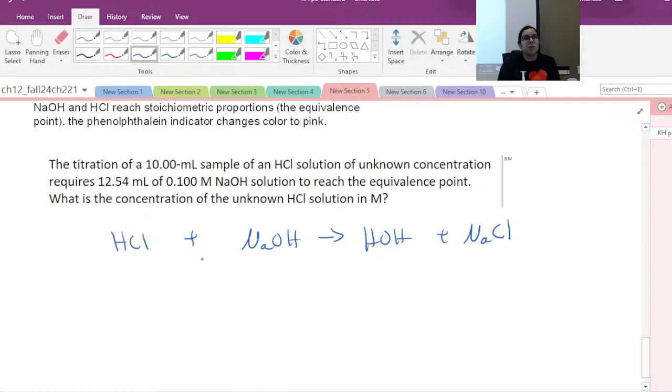Maybe take another minute or two. Now that we have this, think about what we need to calculate. We get moles of NaOH, which is equal to how many moles of HCl we neutralize. So what was the concentration?